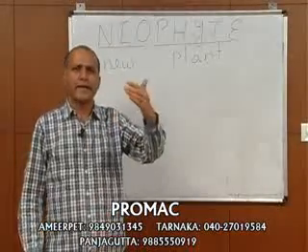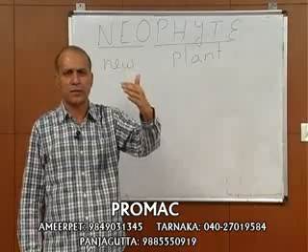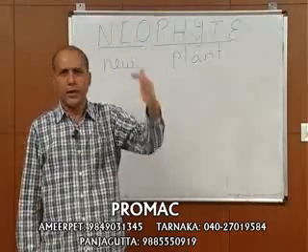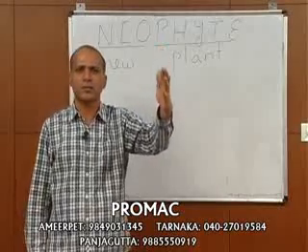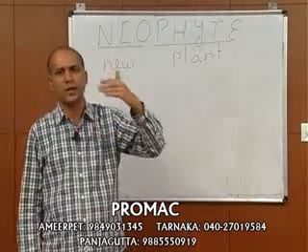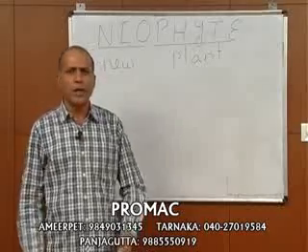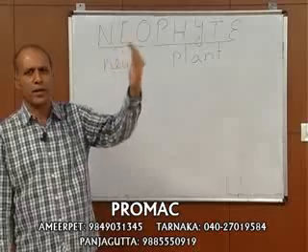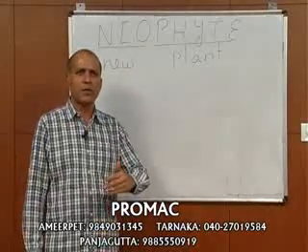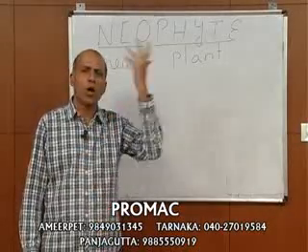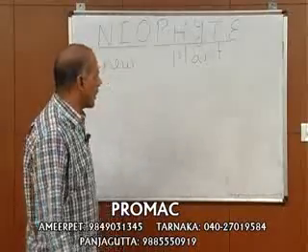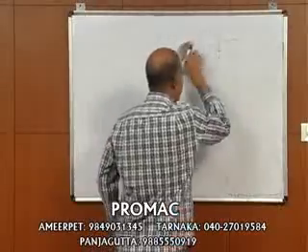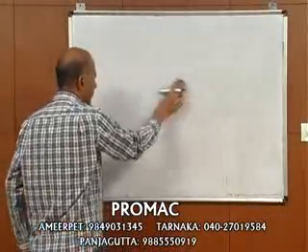But neophyte is used to describe a person who is new, a person who is a beginner, a person who is inexperienced in something, a person who is doing something for the first time. I am a neophyte in business. I am a neophyte in the field of politics. I am a neophyte in the field of theatre. So you are a neophyte, you are a new plant, you are a beginner, you are a person who is doing something for the first time. That's what is called neophyte.